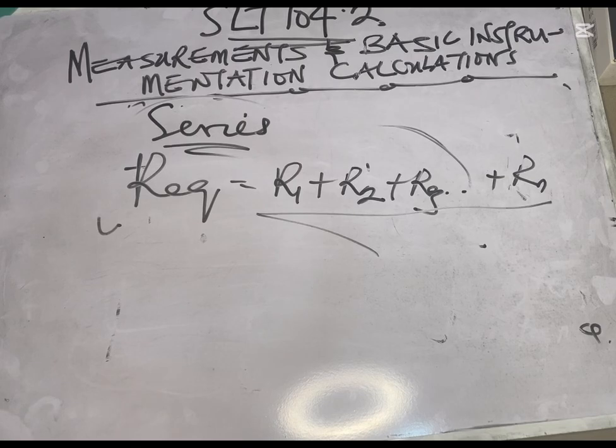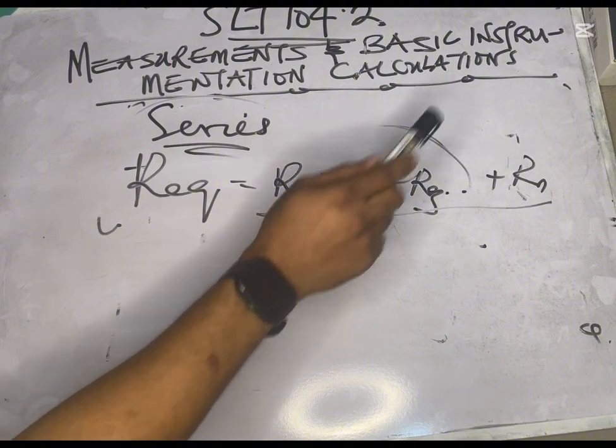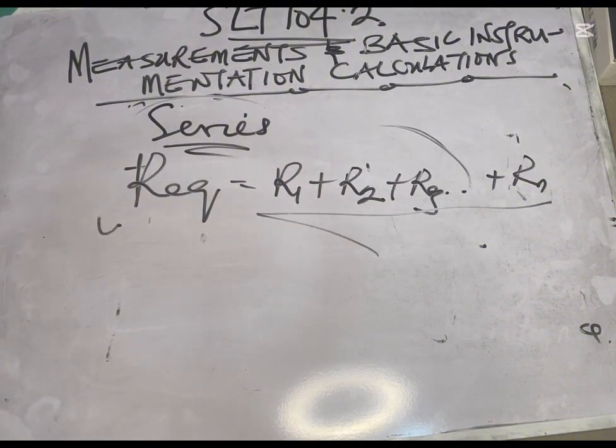One thing you must understand is that if the voltages are different, it means that R1 has its own voltage, R2 has its own voltage, R3 has its own voltage, but you must know the current in the circuit. On most occasions, they will give you the voltage of the battery if they want you to find the current.